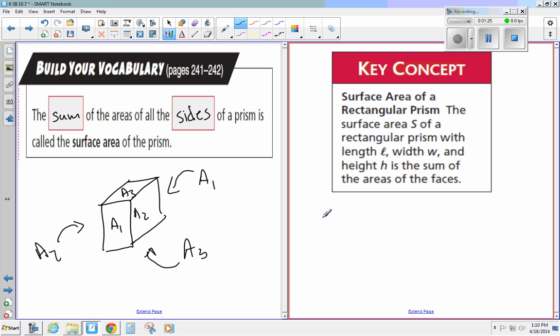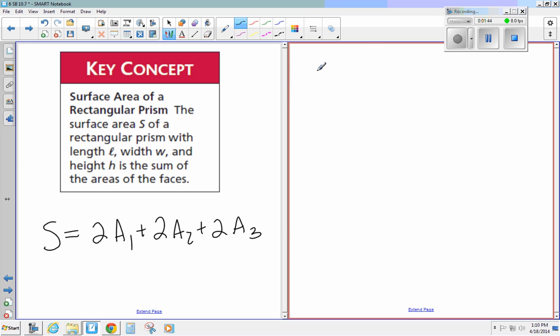So basically, you can write a formula for this. You can say the surface area is equal to 2 of area 1s plus 2 area 2s plus 2 area 3s.